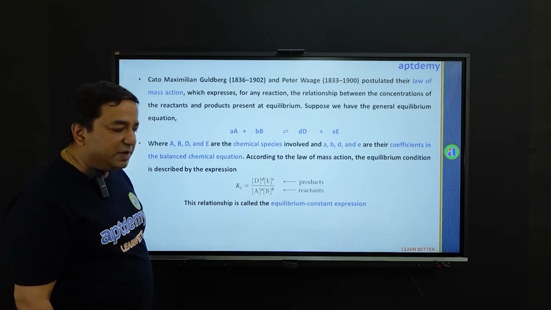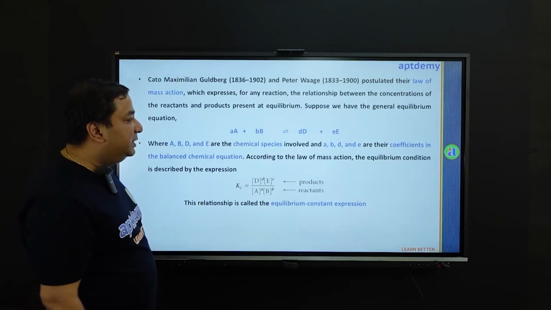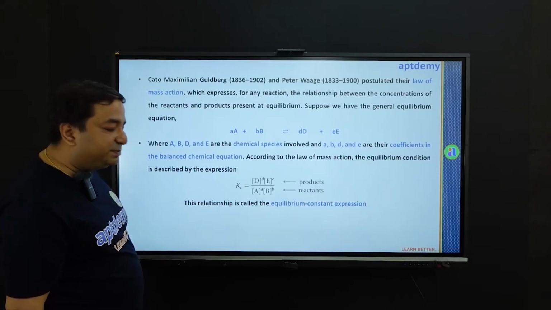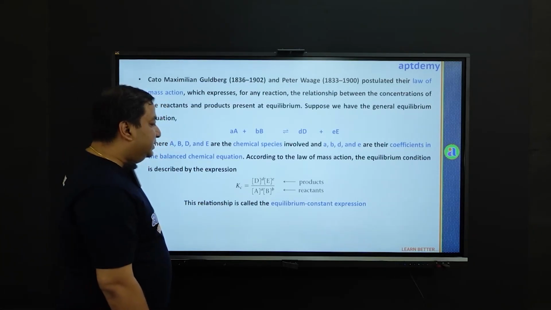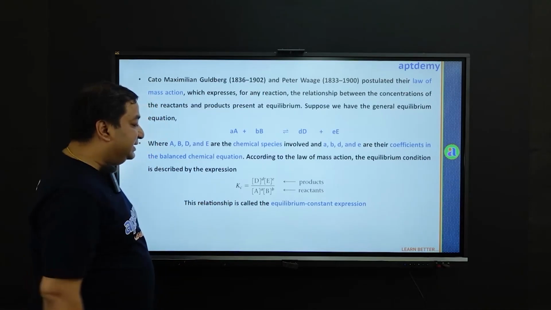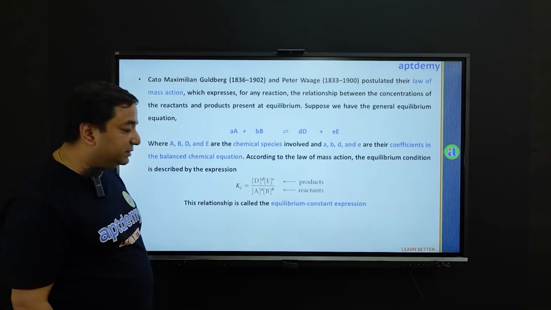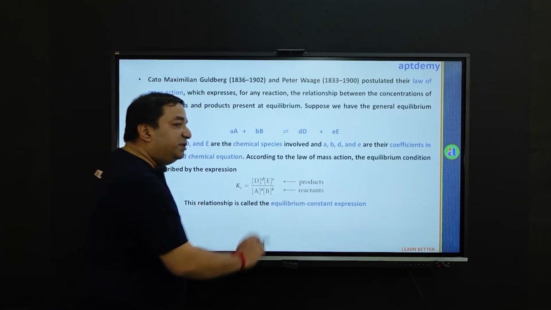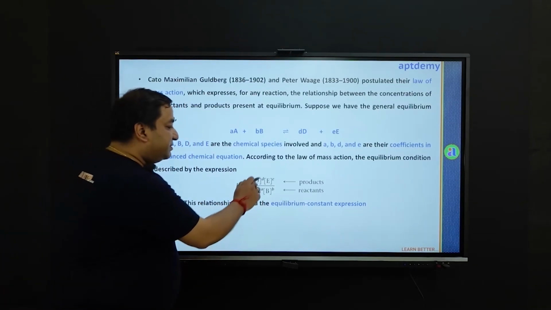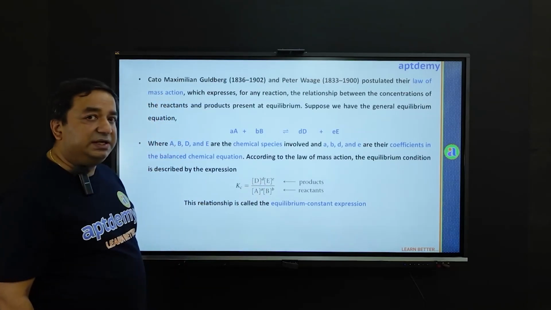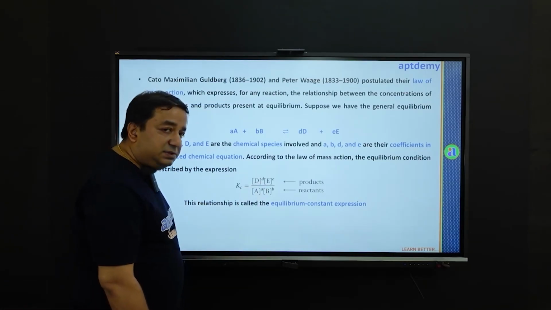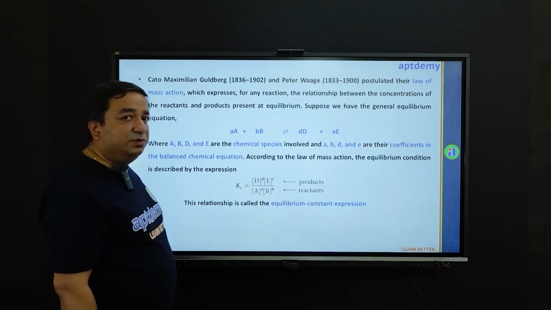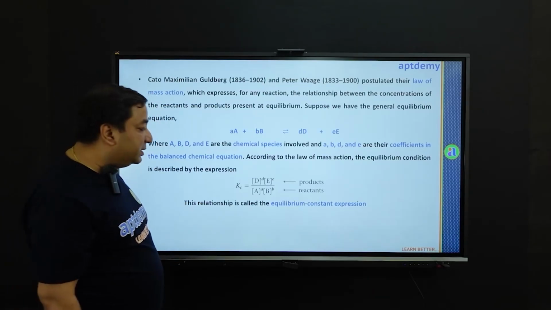According to the law of mass action, the equilibrium condition is described by an expression. What is that expression? We write Kc, where the suffix c means concentration. So we will write the concentration of D raised to the power d, the concentration of E raised to the power e; that will be the products' concentration, and those will be in the numerator.